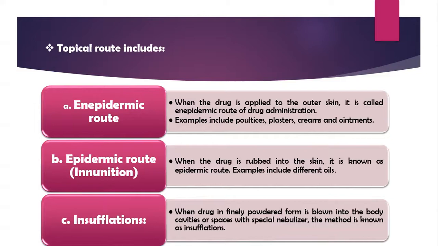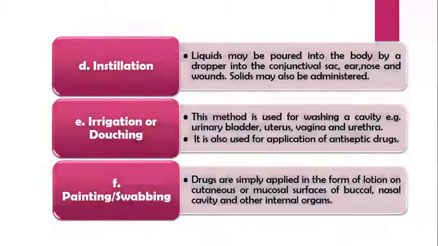Next one is insufflation. When the drug in finely powdered form is blown into the body cavities or spaces with a special nebulizer, the method is known as insufflation. Next one is instillation.